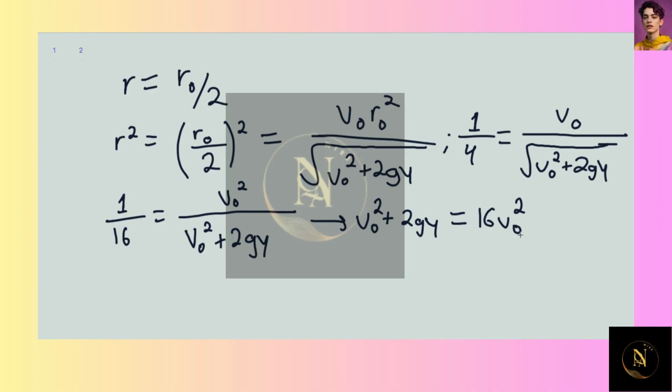So we have that y is equal to 15 times the initial velocity squared divided by 2g. Now, they're telling us the initial velocity is 1.2 meters per second.